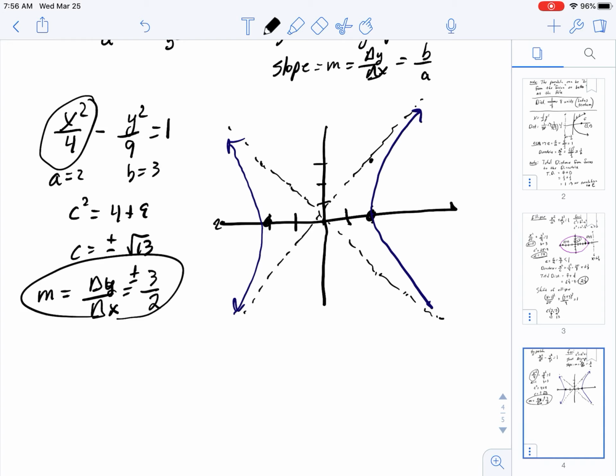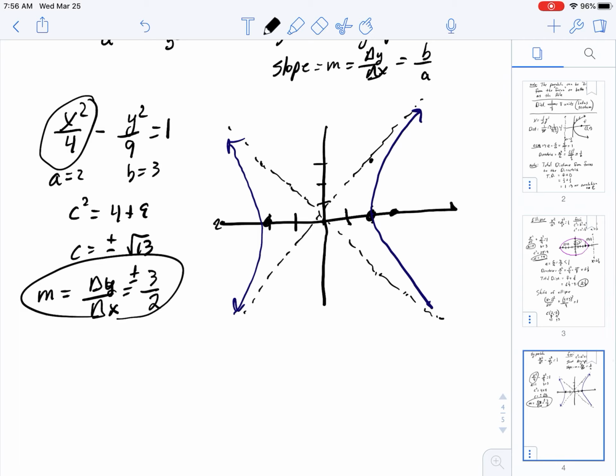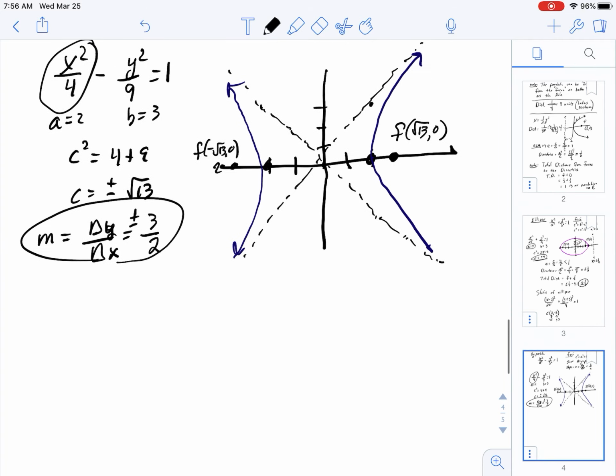Square root of 13 is a little bit more than 2, so your focus here would be root 13 comma 0, and then you have another focus over here, negative root 13, 0. Okay. All right. So that's a quick sketch of it.